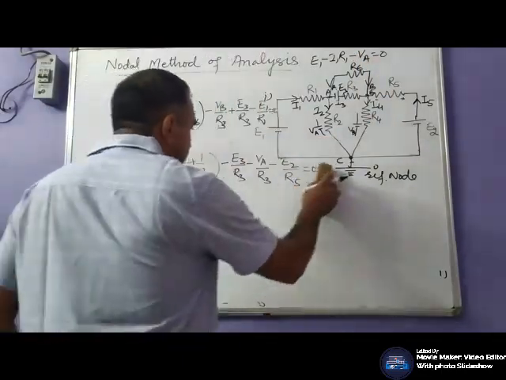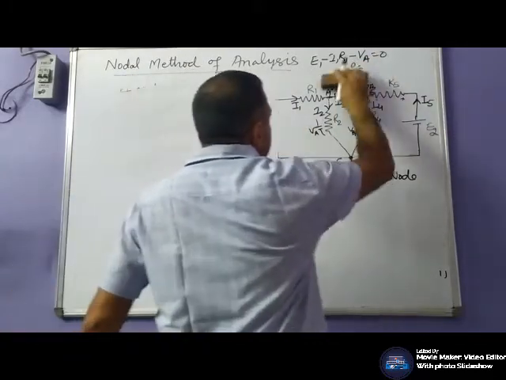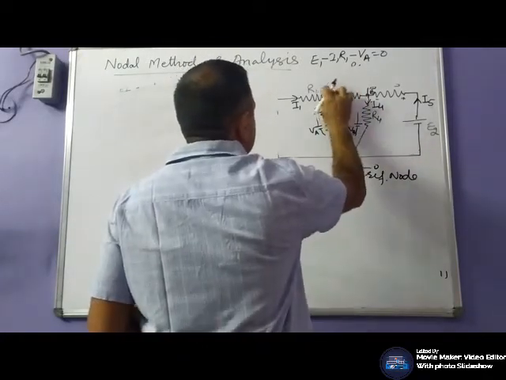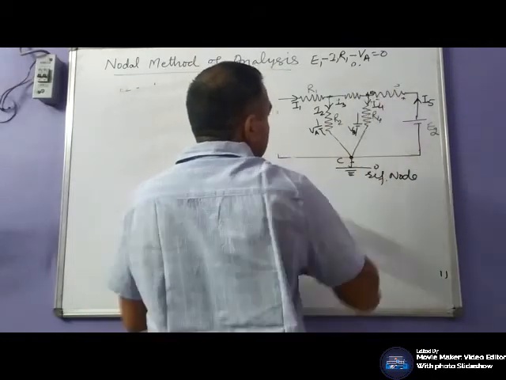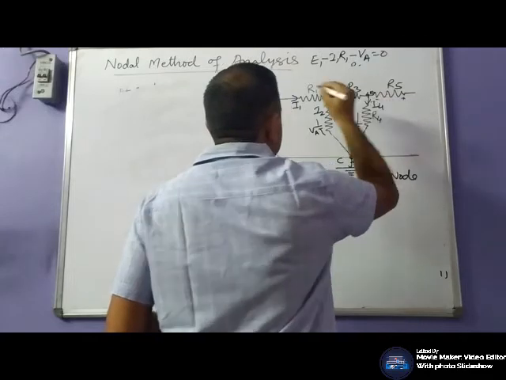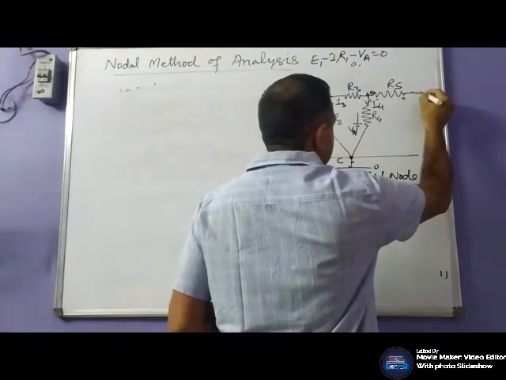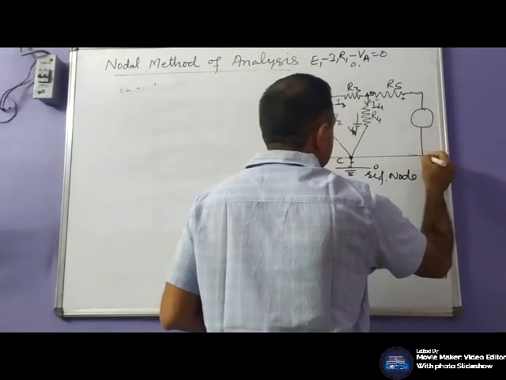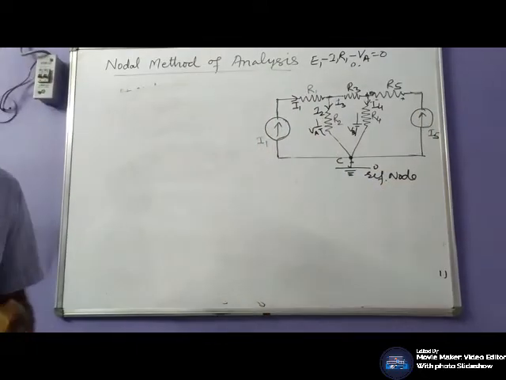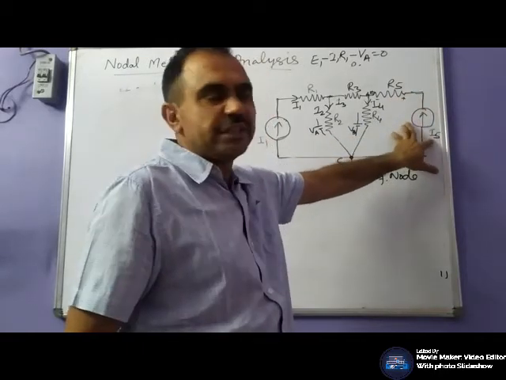Now, in place of voltage sources, if you have current sources, I1, I5, nothing changes. Instead of our voltage source, we have used a current source here.